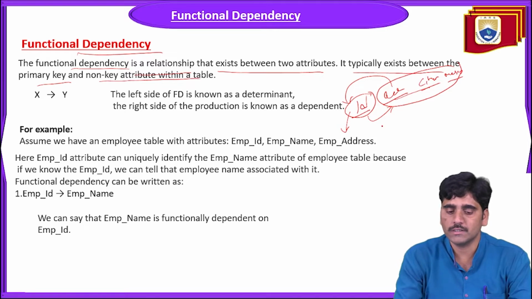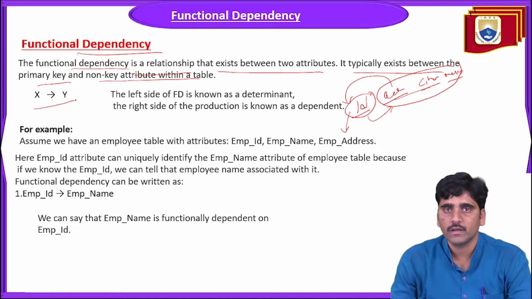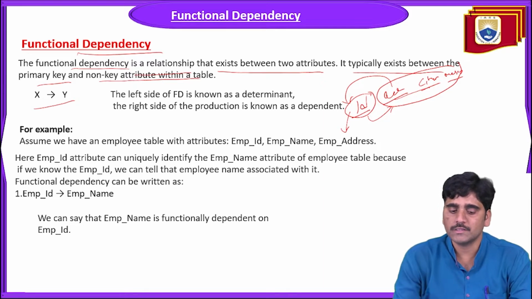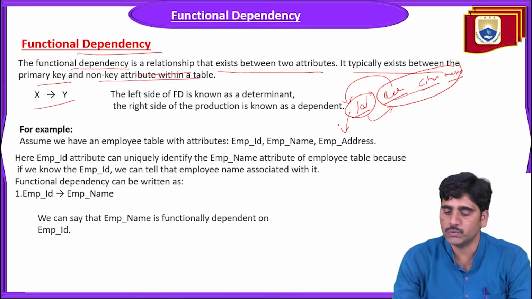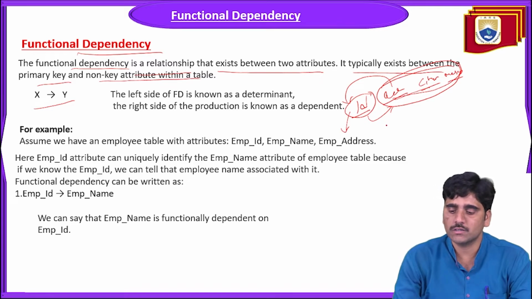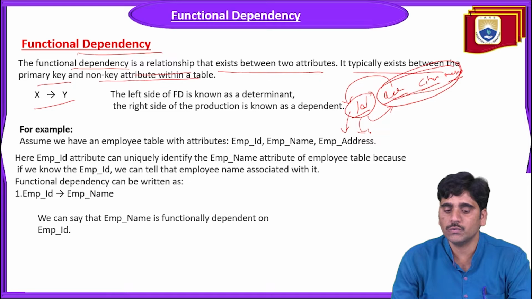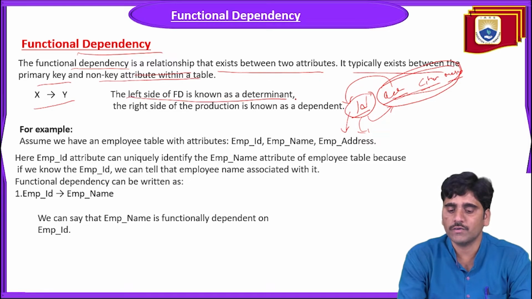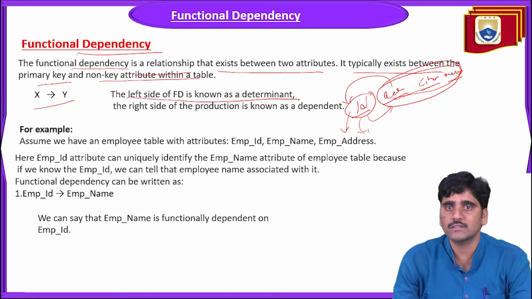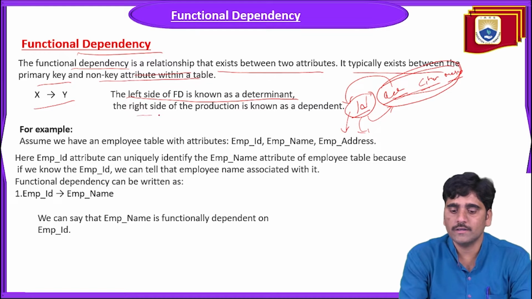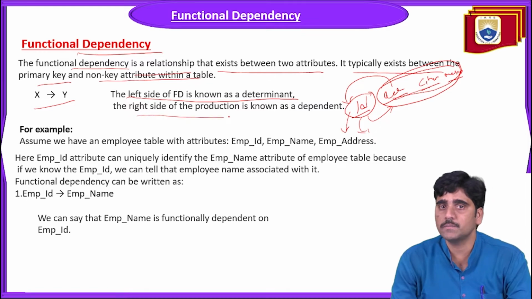We represent it in the form of X tends to Y. From this X tends to Y, we can say that ID is the X value and all the other attributes are Y values. So X is said to be the determinant. The left side of a functional dependency is known as the determinant and the right side is known as the dependent.